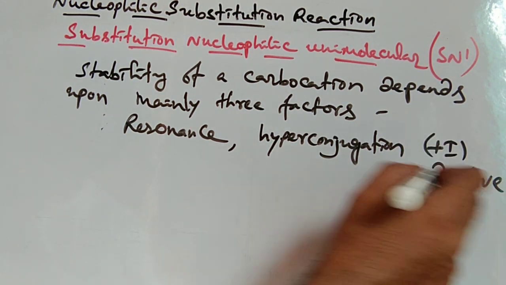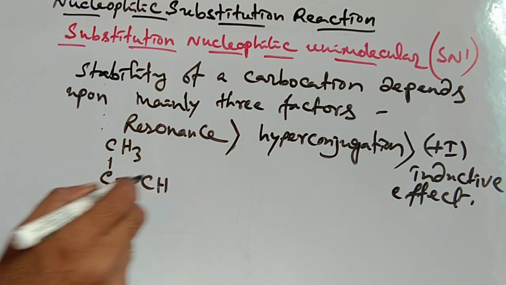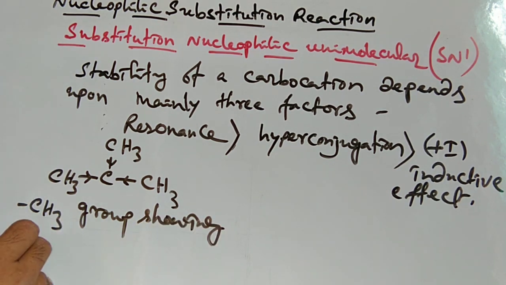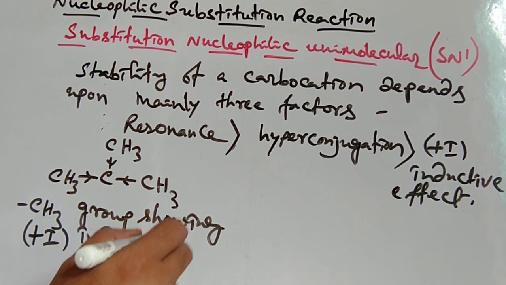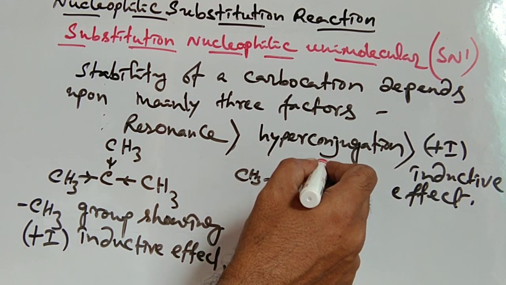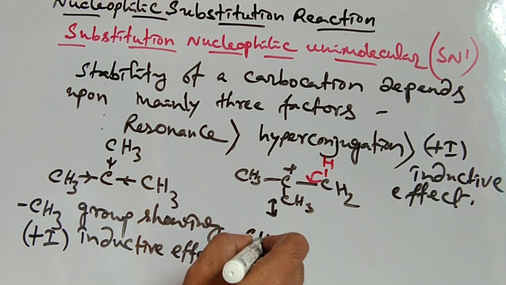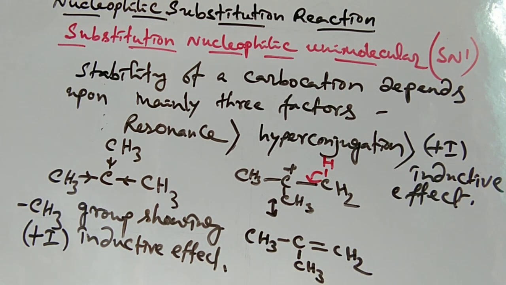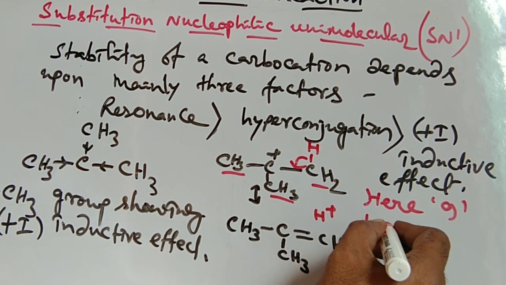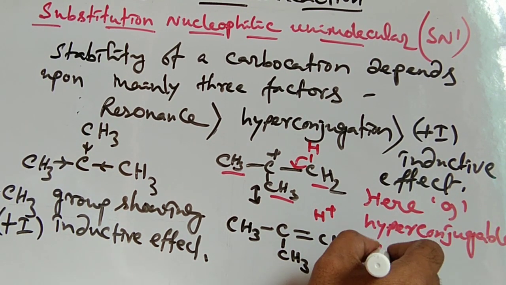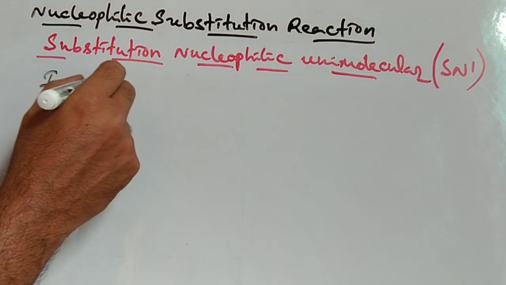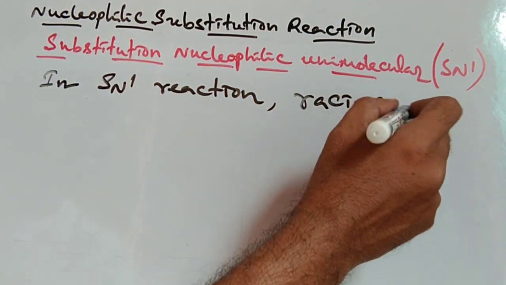An optical activity of a compound is its ability to rotate the plane of the polarized light either in clockwise direction or in anti-clockwise direction. If it does it in clockwise direction, then it is called dextrorotatory, and if it does it in anti-clockwise direction, then it is called levorotatory. Now if two enantiomers are present, both dextrorotatory and levorotatory, then one will try to rotate the plane of the polarized light in right hand direction, and the other will try to rotate it in the left hand side or anti-clockwise direction.